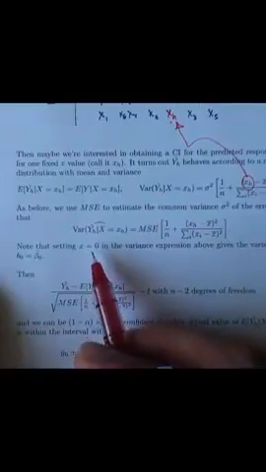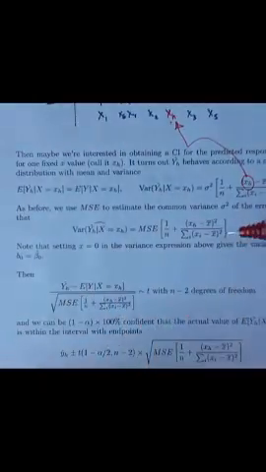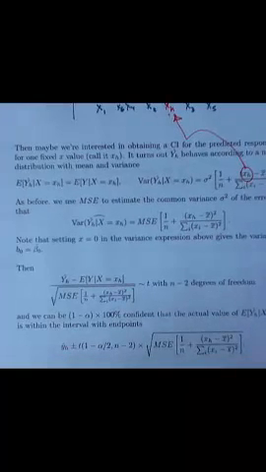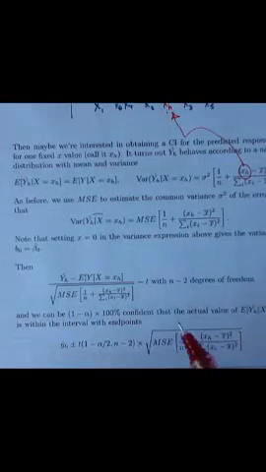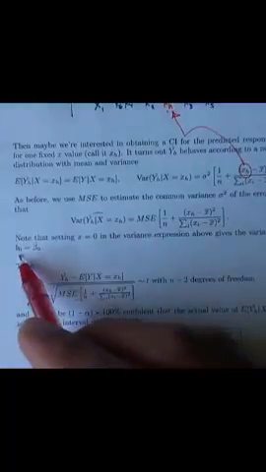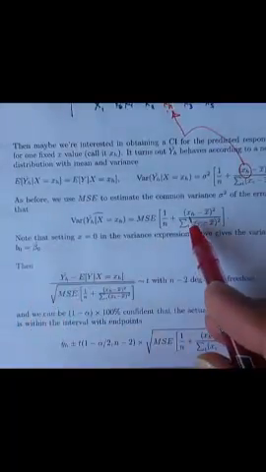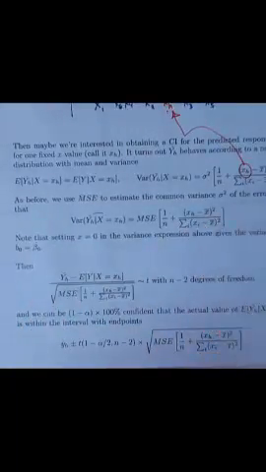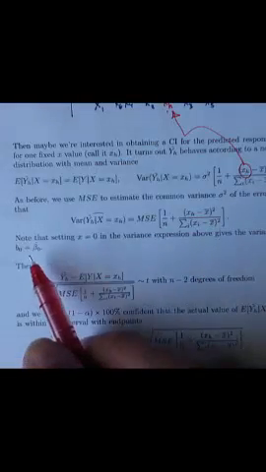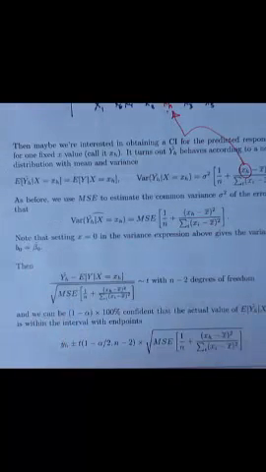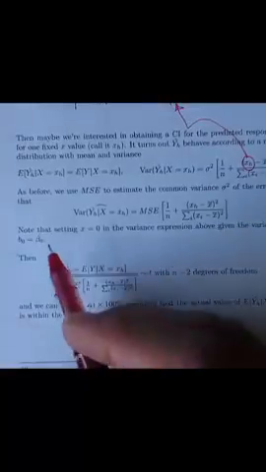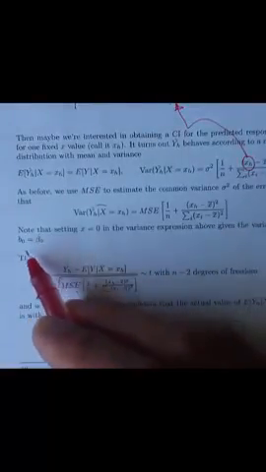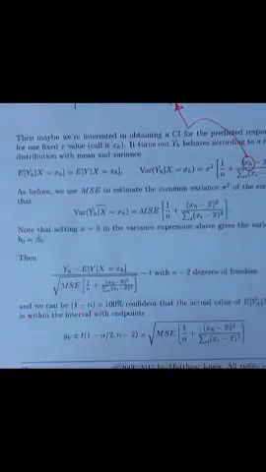Notice that if you set x equal to 0 in this variance expression above, you get the variance of b naught. That is, if xh is equal to 0, then you get the expression for the variance that we know to be for the intercept term.